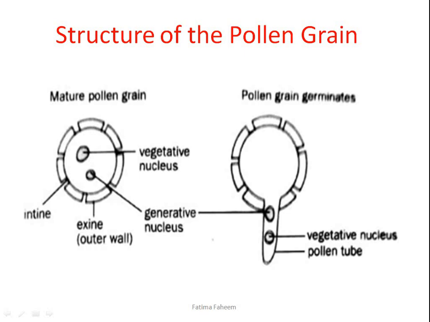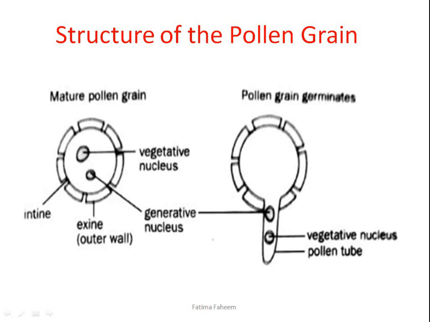The structure of a pollen grain is very important to look at while studying the process of fertilization. Here you can see the structure of a mature pollen grain, which contains two nuclei. One is called the vegetative nucleus, the other is called the generative nucleus.